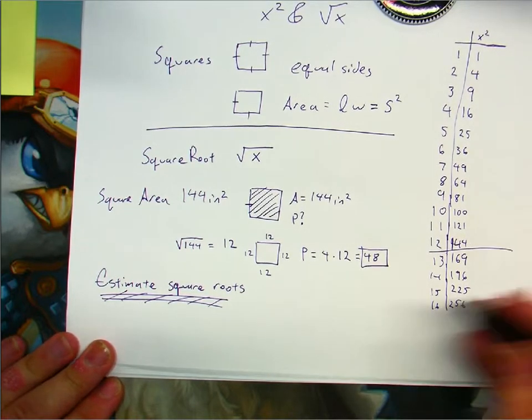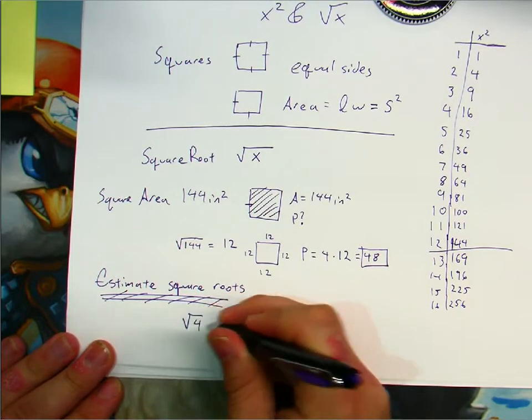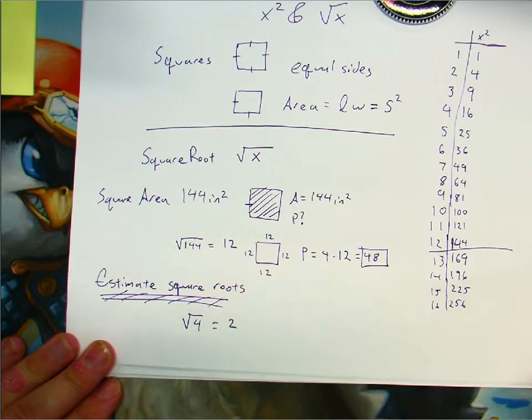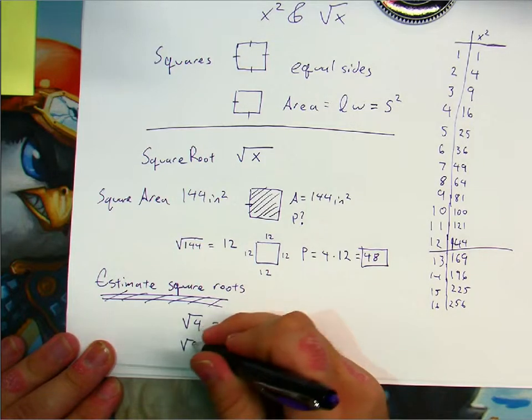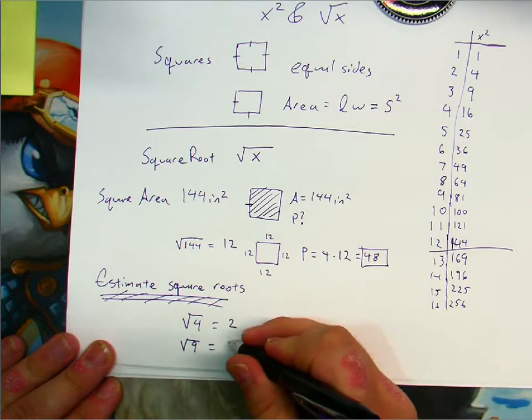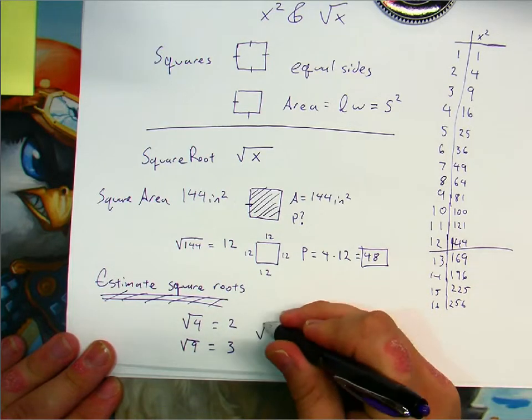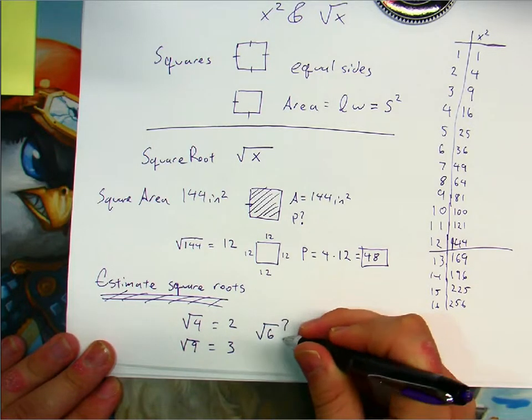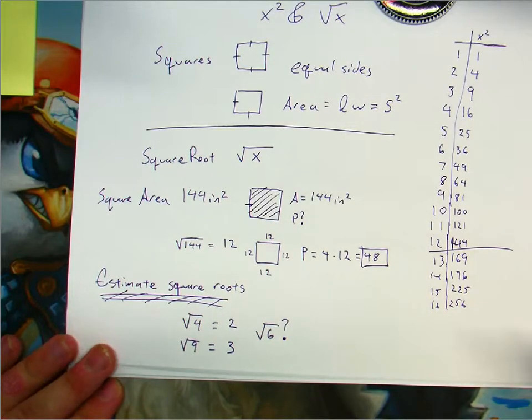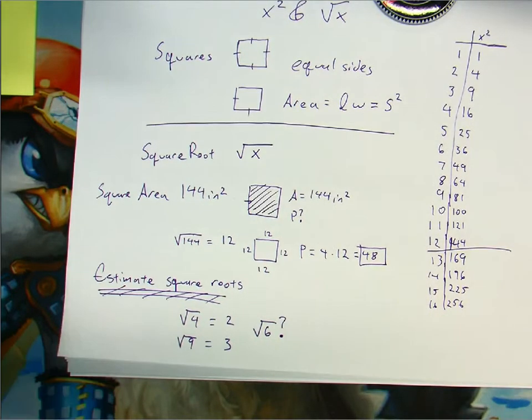And so we know that the square root of 4 is going to equal 2, and we know that the square root of 9 is going to equal 3, but what about the square root of 6? The square root of 6 isn't on here, so it's not a perfect square. It doesn't directly root into a single number. There's no whole number times a whole number that equals 6.